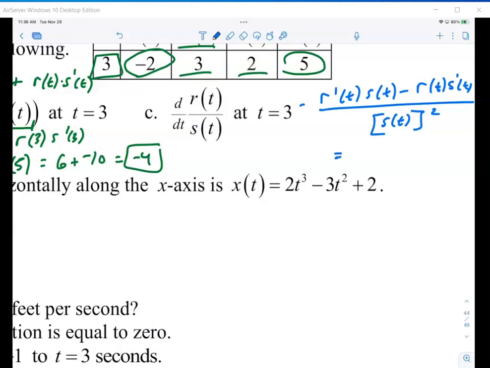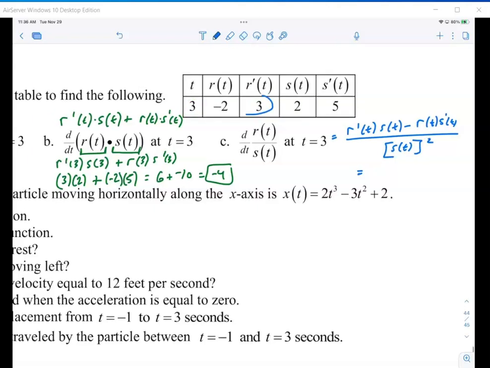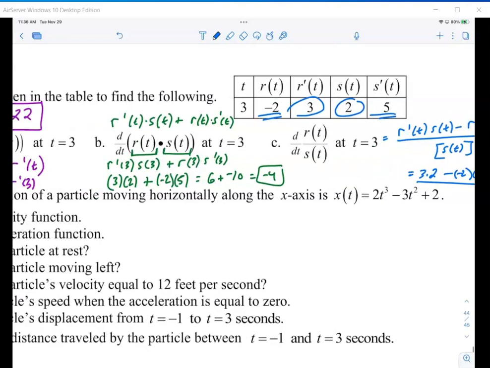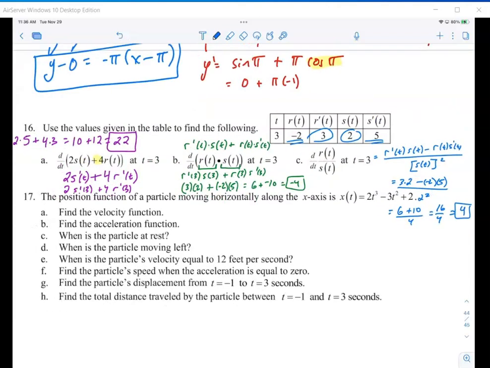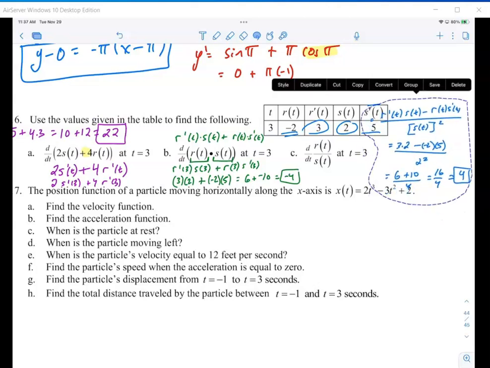So I am going to get, and these are all evaluated at 3 again, r prime of 3, which is 3, times regular s, minus regular r times s prime, and it's over s of t squared. It's over 2 squared. So it's going to give me 6 minus a negative, so 6 plus 10, over 4, which is 4. So it's just kind of testing your knowledge of product rule and quotient rule.